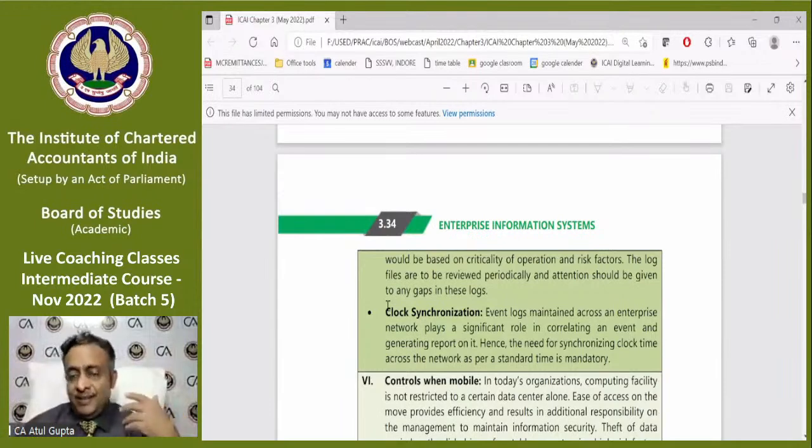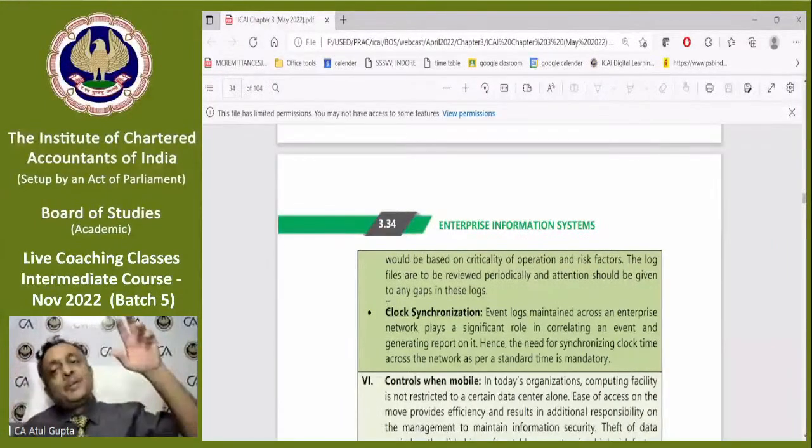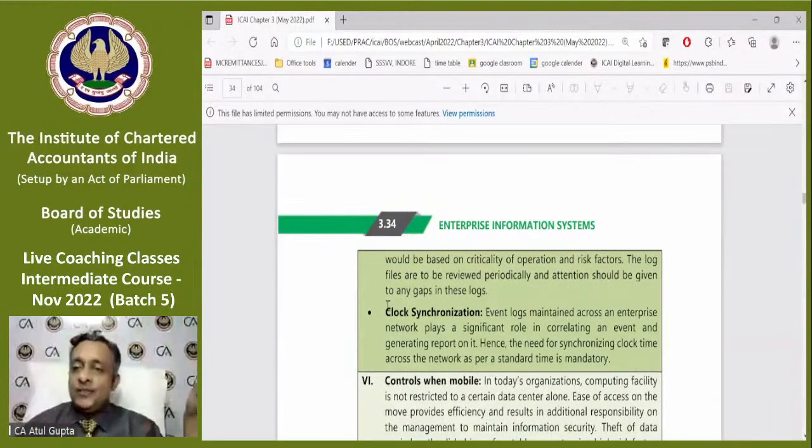They have people working in Japan and people working in the US. So it's a 24-hour time frame. When it's 6 a.m. in the morning in Japan, it will be say 12 at night in the US somewhere. So this is very important. How you keep track of the day, that is clock synchronization.